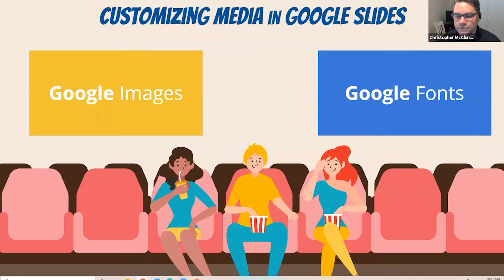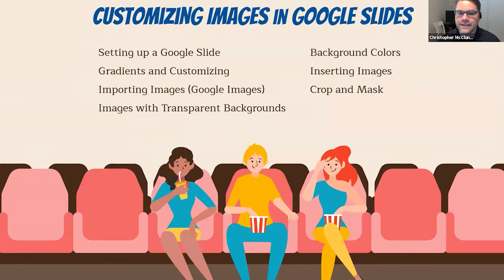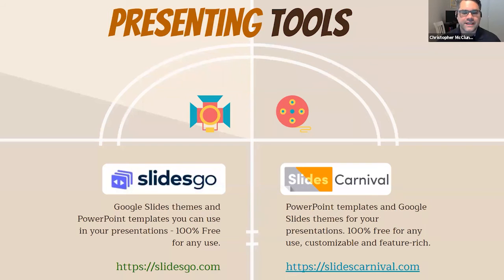And then I showed you these two things, Slidesgo and SlidesCarnival. These are free templates you can download. If you're looking for presentation templates, these are already built, and all you have to do is go to the website and download them into PowerPoint or have them make a copy to your Google Drive and continue working on it. So good stuff so far.